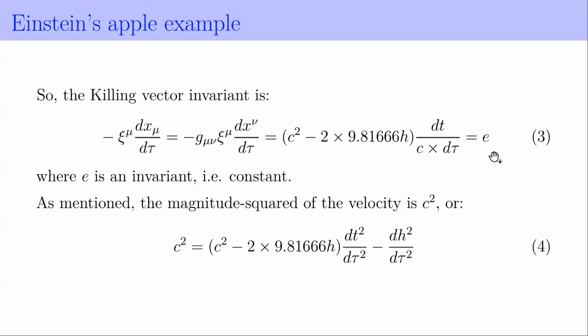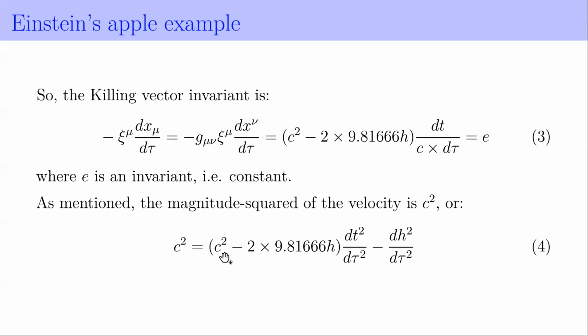E is an invariant, that is a constant. As I said before, we also have another equation here. We have that the speed of light squared is equal to the magnitude of the velocity vector.